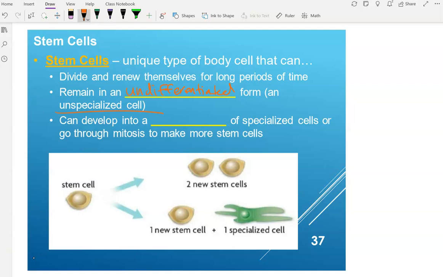Depending on the type of stem cell, it can develop into a variety of specialized cells. So that's how you can basically renew some of the cells in your body.